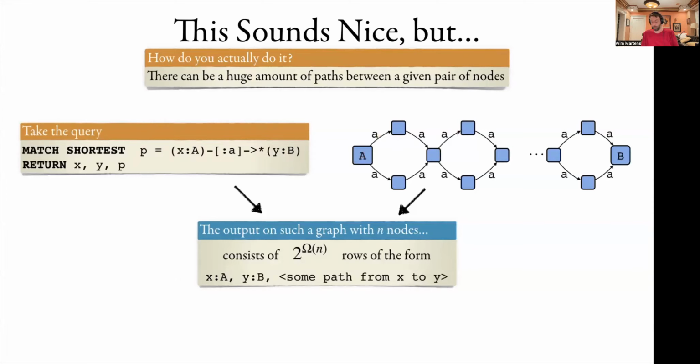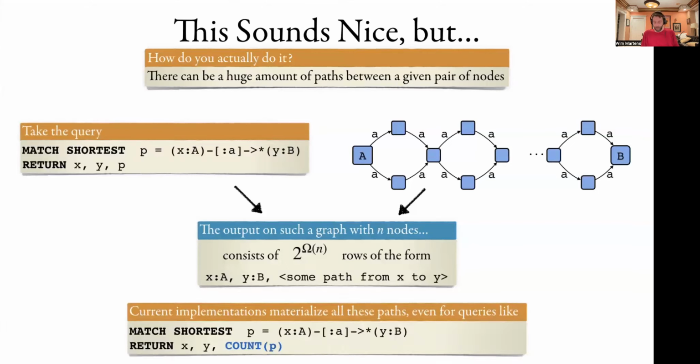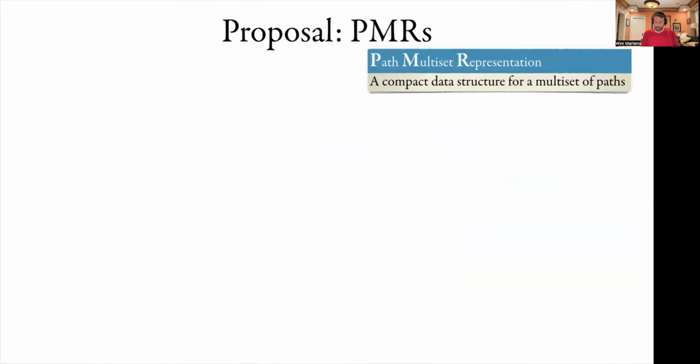Because in this graph, there are 2 to the n many paths from all the way to the left to all the way to the right. And as far as we know, current implementations even materialize all these paths, even for queries that don't explicitly need all these paths, like this one that just wants to count these paths.